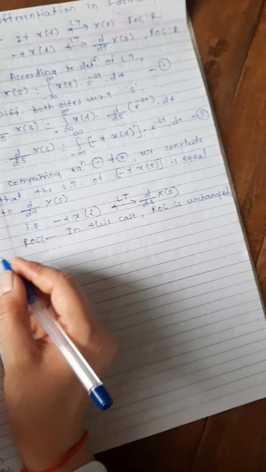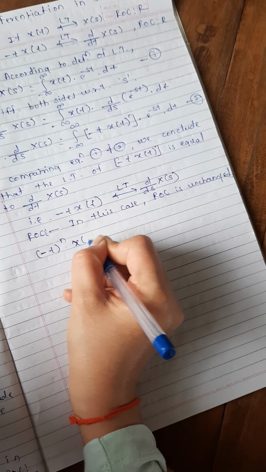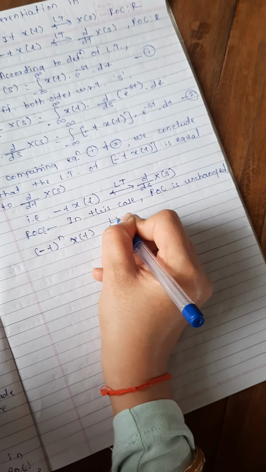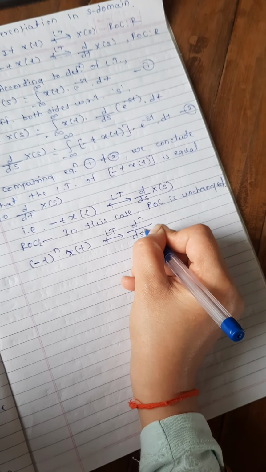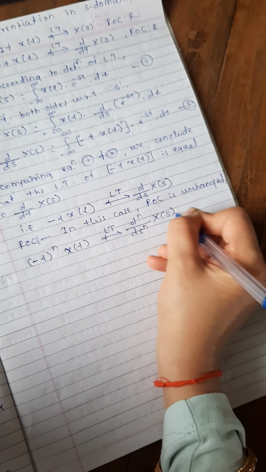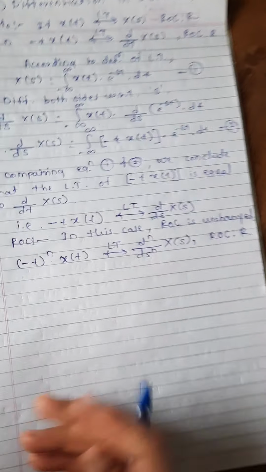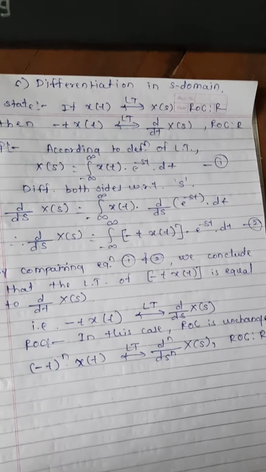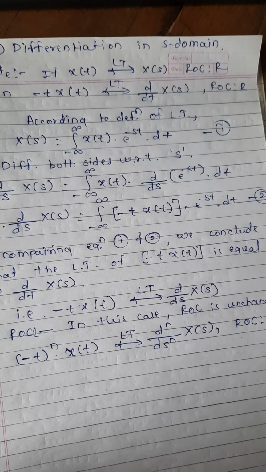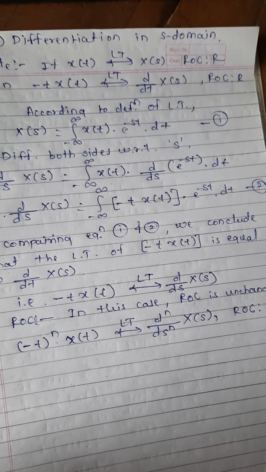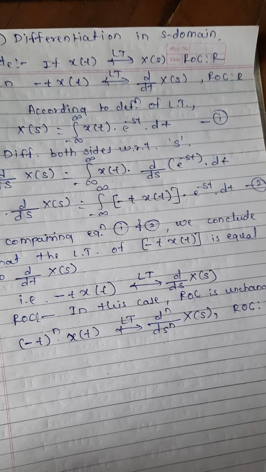So in general we can write this result as minus t raised to n x of t, its Laplace transform is d raised to n by ds raised to n of x of s, and its ROC is R. So what is the meaning of the differentiation in S domain property? Differentiating in S domain is equivalent to multiplying the signal in time domain by minus t.